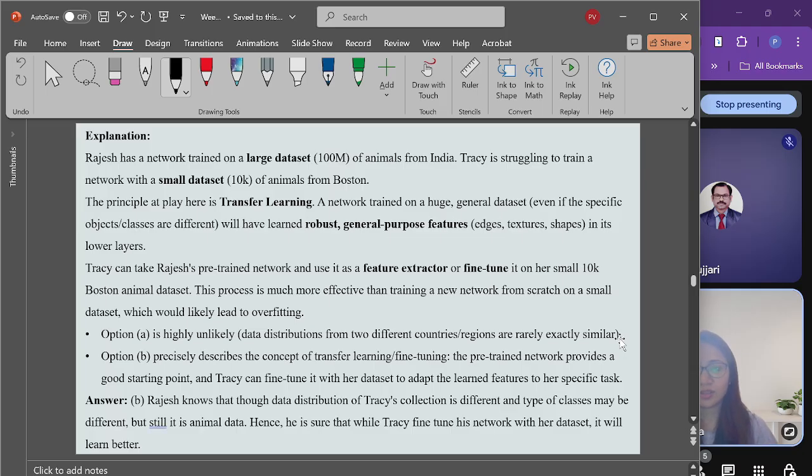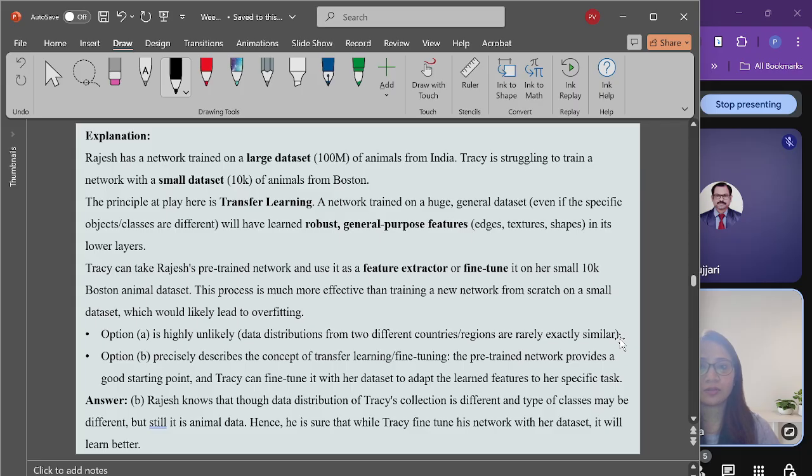So here it is given that Rajesh has a network that is trained on a large dataset, that is 100 million images of animals from India. And Tracy is struggling to train a network with a small dataset, that is 10K images of animals, but from Boston. So the principle at play here is transfer learning.